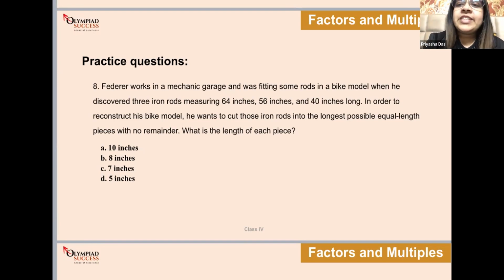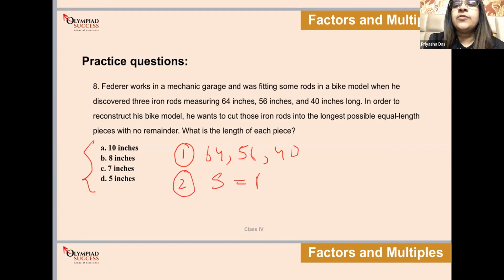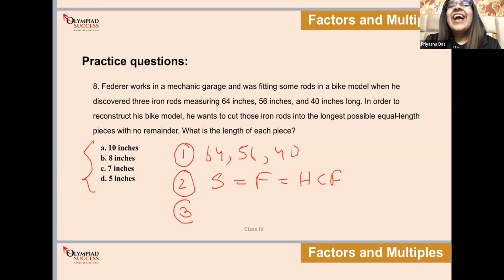We'll go by the same step. Step 1, 64, 56, 40. Good, Jian. Step 2, look at the options. Small is equal to factor is equal to HCF. Aishwarya, very good. Copy pasting, huh? And number 3, which number creates problems? Of course, 10 cannot be the answer because the other options are not a multiple of 10.